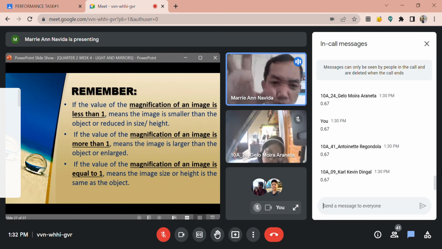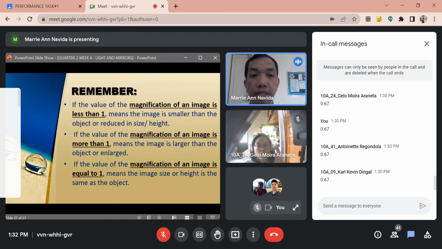Is it smaller or bigger or the same size? Look at this on the PowerPoint. It is written here, no? The number 1, number 2, and number 3. If it is less than 1, more than 1, or equal, what will happen to the image?